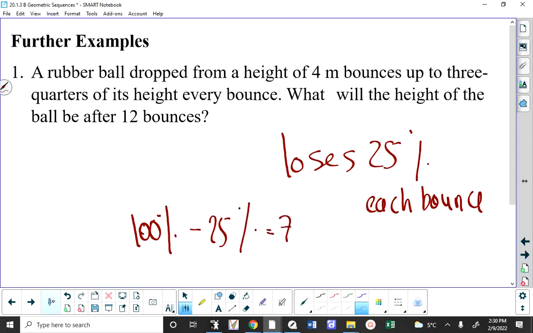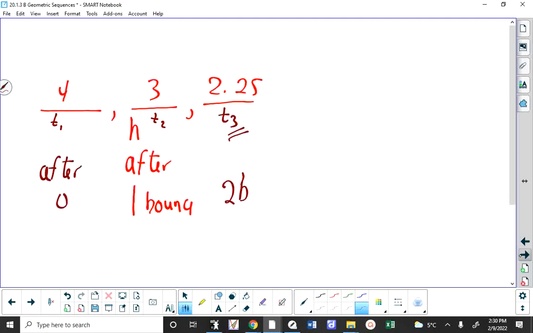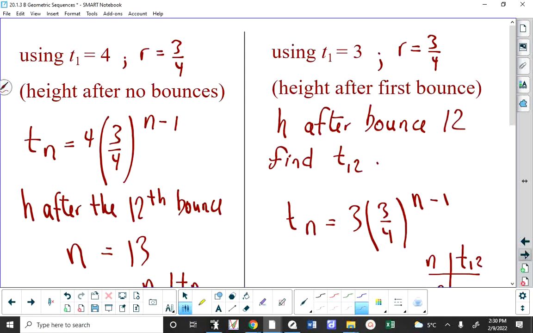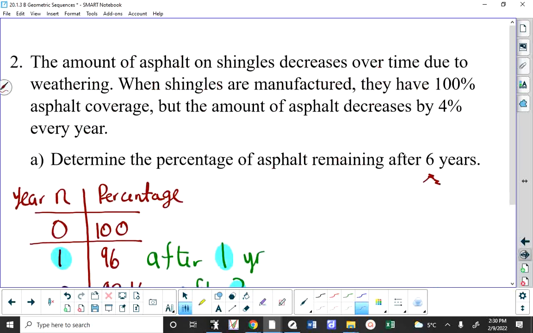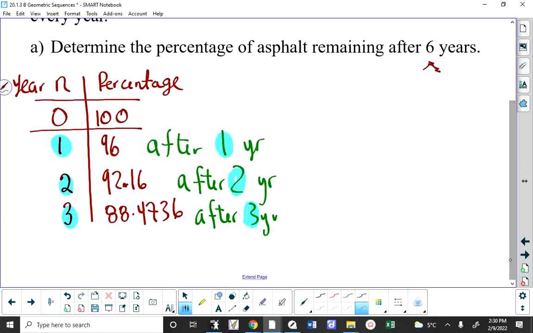You get 75%, and the thing that I forgot to mention is percent means divided by 100. So when you take 75 divided by 100, guess what you get? You get 0.75, which is 3/4. So in my example with the shingles, if we multiply by 0.96, it's because we're multiplying by 96%.